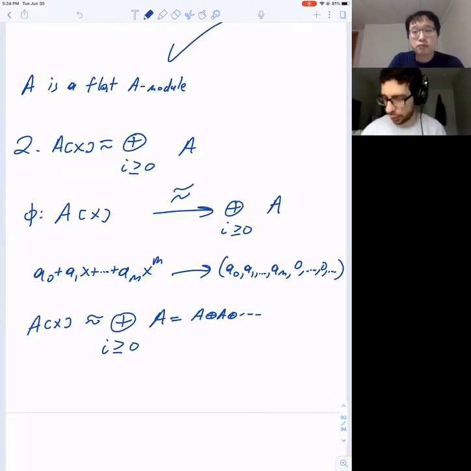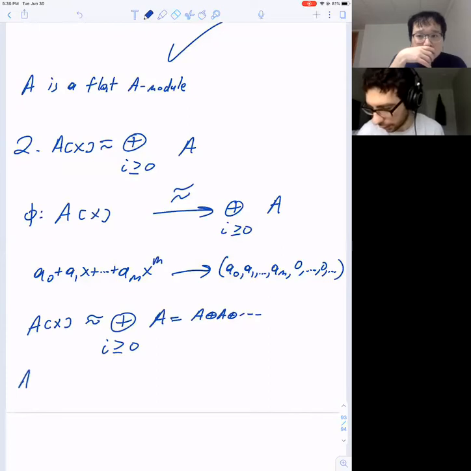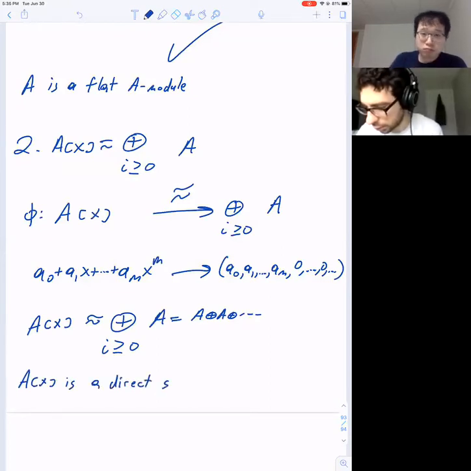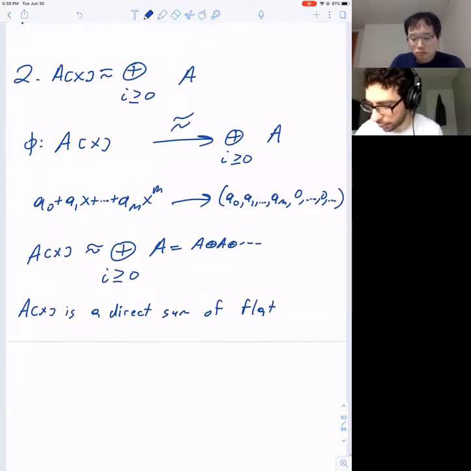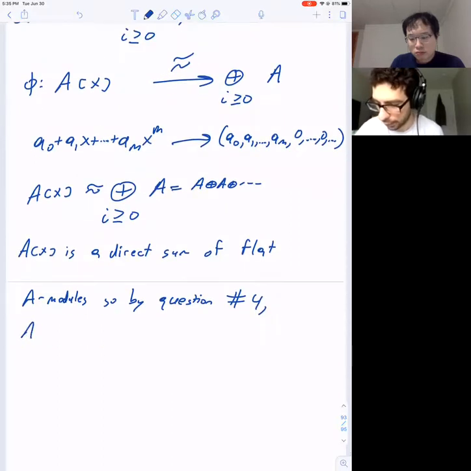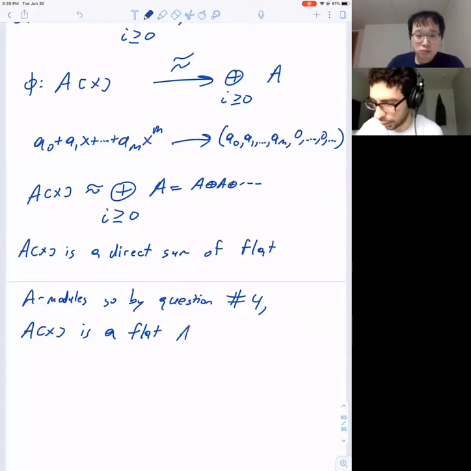So by question number 4, A bracket X is a direct sum of flat A modules, so A bracket X is a flat A module. So we're done.